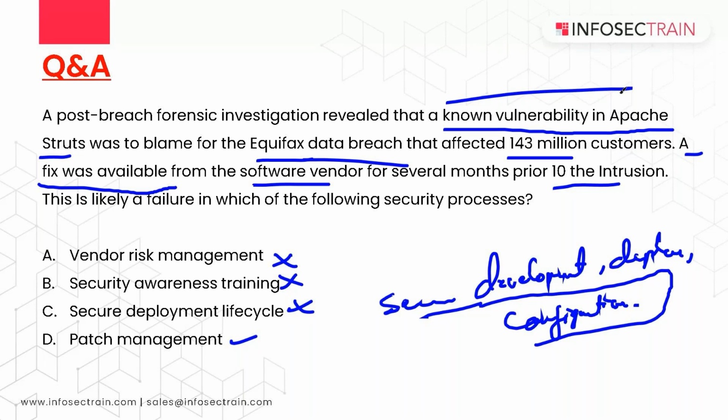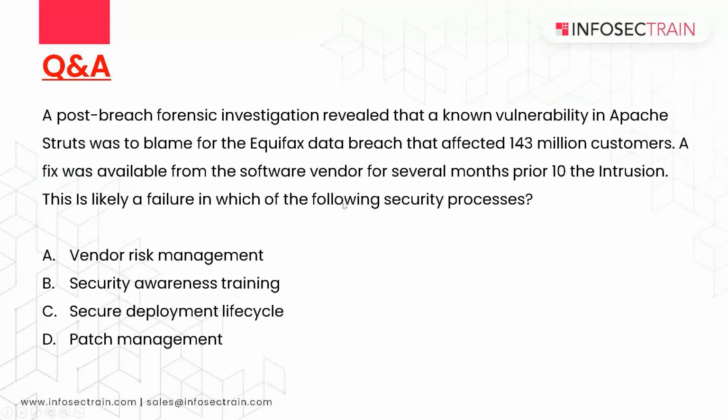Despite that, we already had a patch, a fix for it, available, but we had not applied it. So this failure of our patch management left our system vulnerable to exploitation. So the correct answer is option D, patch management.